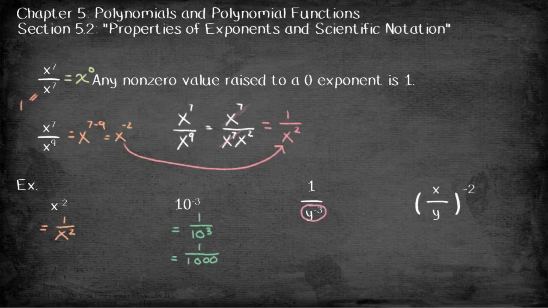But I know that a negative exponent means I'm taking the reciprocal. Oh, so this ends up being 1 over, what's the reciprocal of y to the negative 3? It's 1 over y to the third. But I know that when I divide by a fraction, I'm really multiplying by its reciprocal.